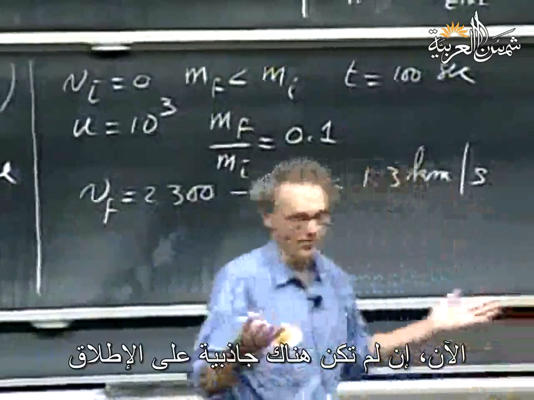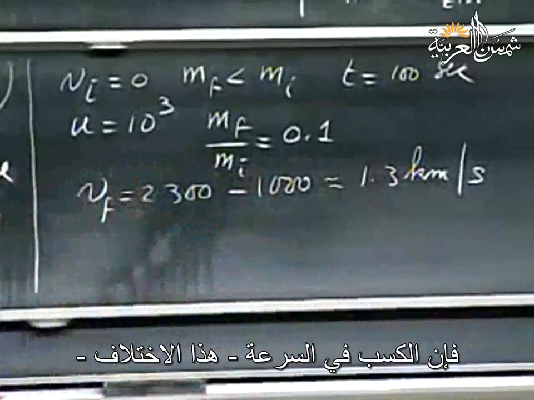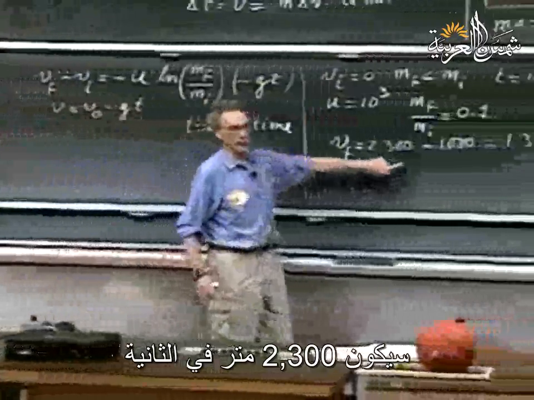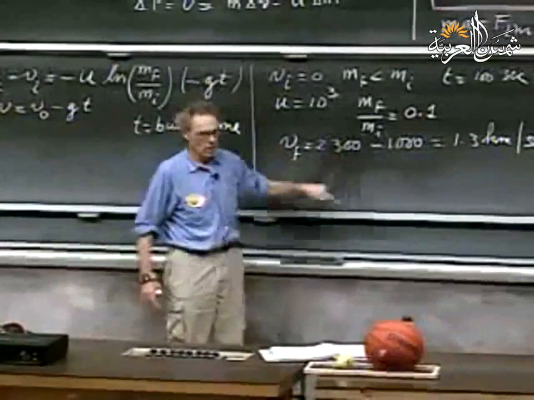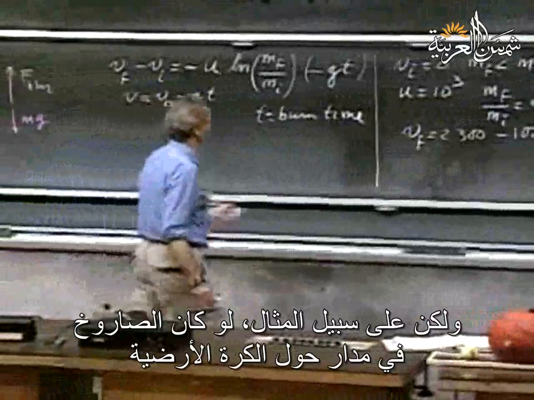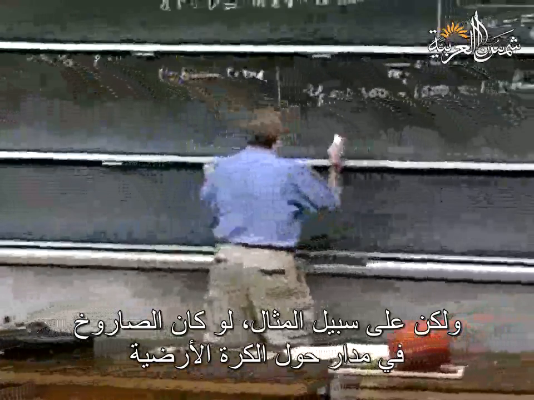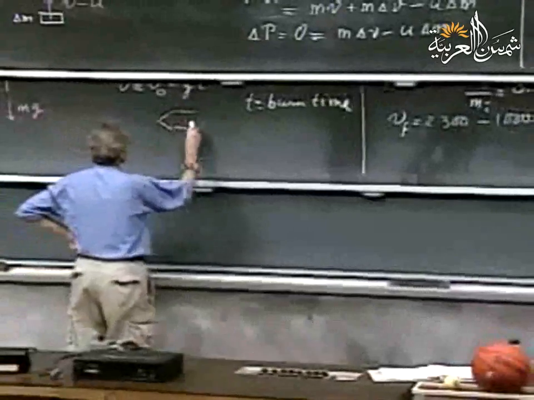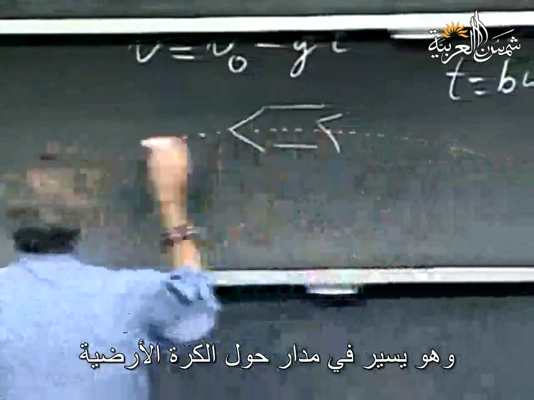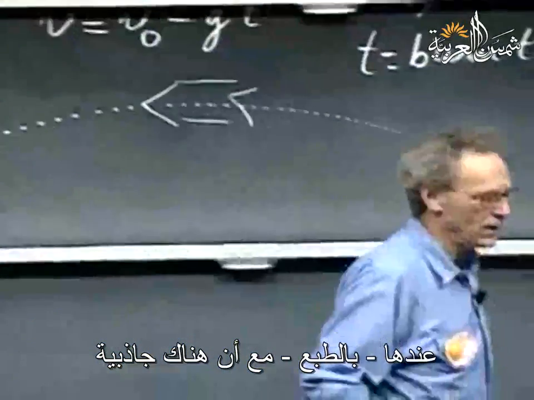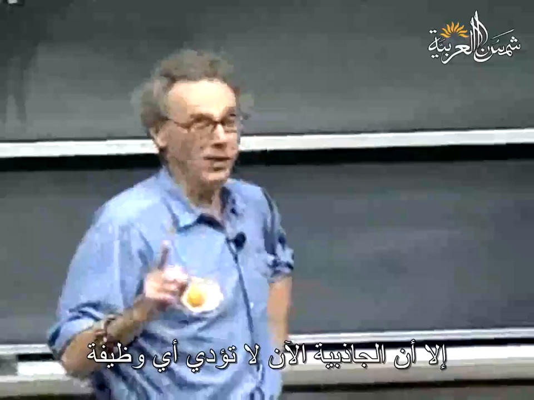Now, if there were no gravity, then of course the gain in speed, this difference, would be 2300 meters per second. Also, if there is no vertical launch, but if, for instance, the rocket were in orbit around the Earth, here we have the rocket, going in orbit around the Earth, then of course, even though there is gravity, gravity is now not doing any work.